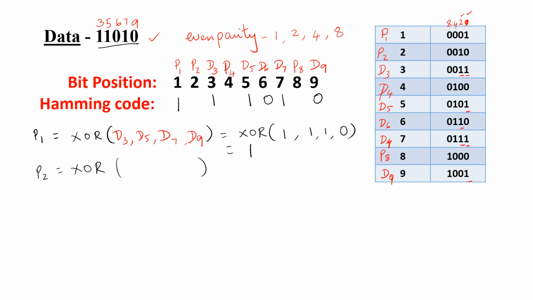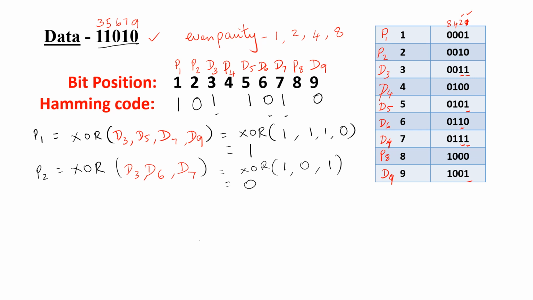So D3, D6 and D7. That is equal to XOR of, D3 is 1, then D6 is 0 and D7 is 1. So even number of 1s, so the output is 0. So P2 is 0.